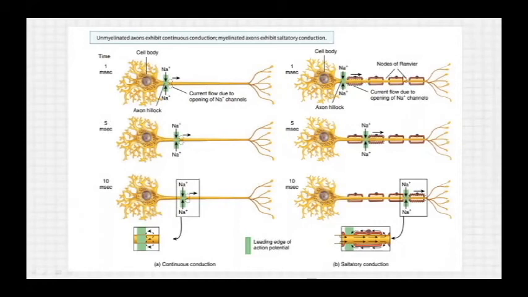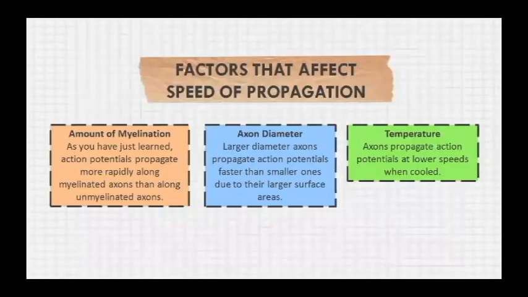There are also factors that affect the speed of propagation: the amount of myelination, the axon diameter, and the temperature. First is the amount of myelination. Since myelin sheaths help to increase the speed of propagation, myelinated axons tend to have faster propagation than unmyelinated axons.